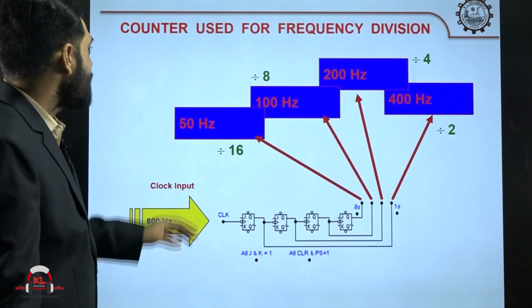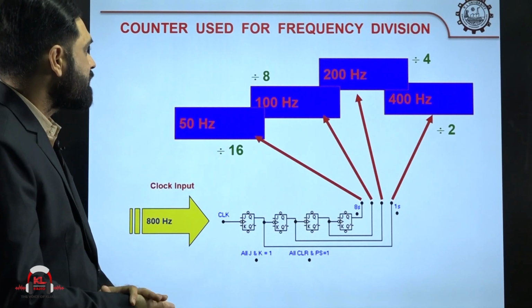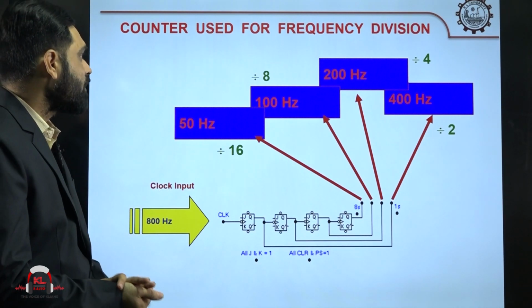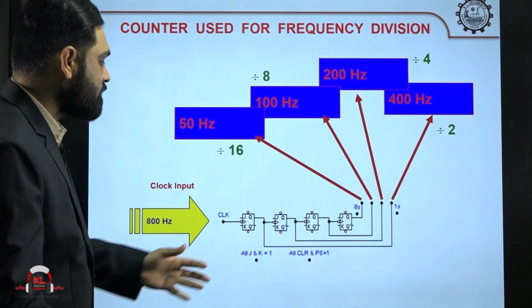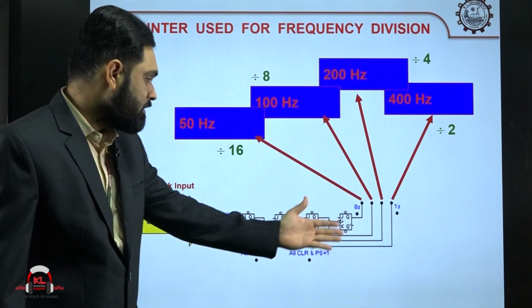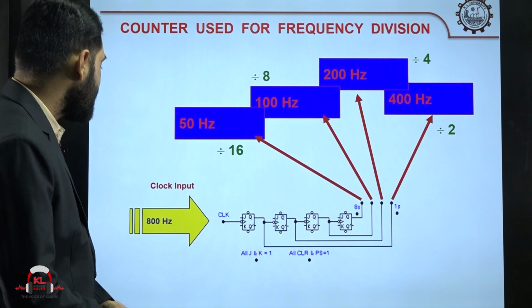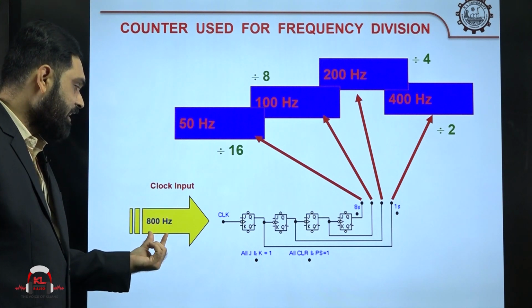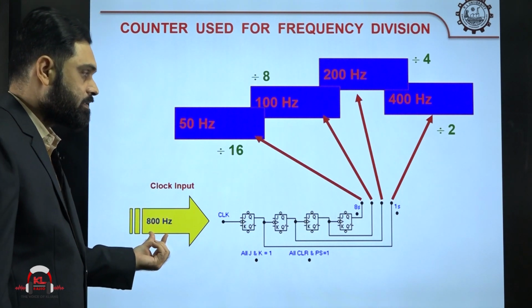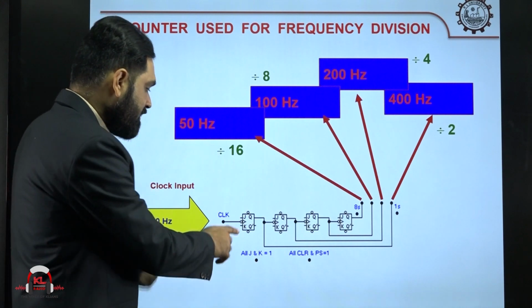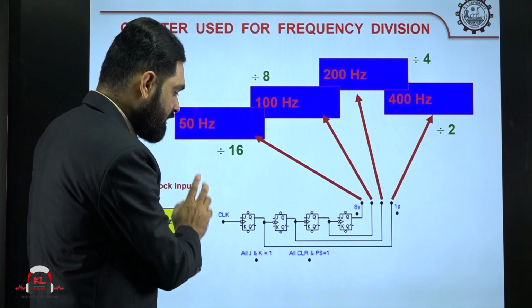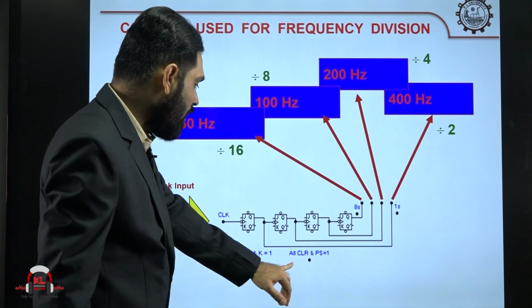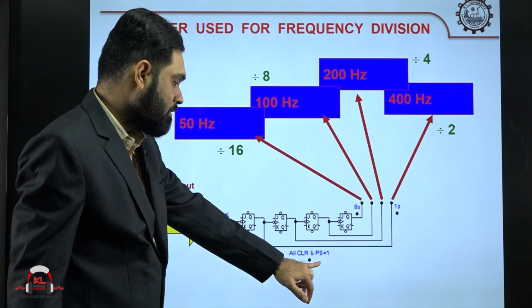Suppose you want to construct a counter used for frequency division. In that case you take JK flip-flops. For example, the clock input is 800 hertz. Now look here, the clock is connected to this JK flip-flop.